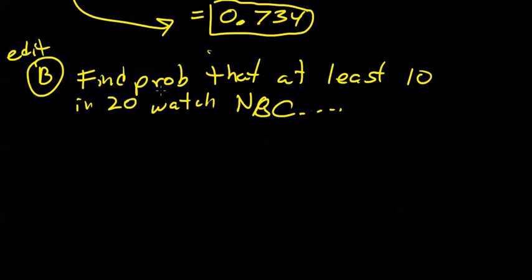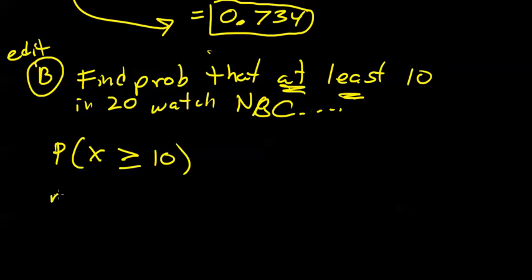Well, let's see. What does at least mean? At least 10 means 10 or more. So this is what I seek here. Again, we're still in the scenario with 20 trials, and little p is 0.22, right?